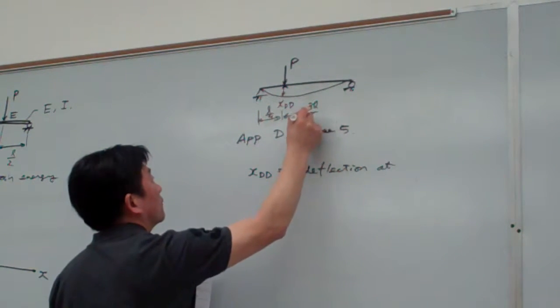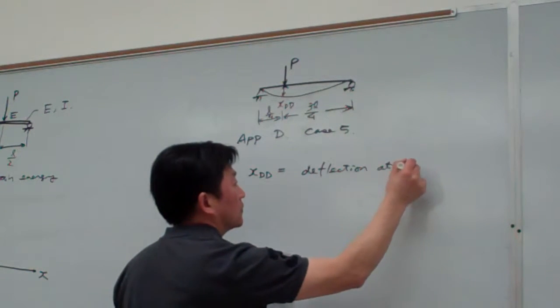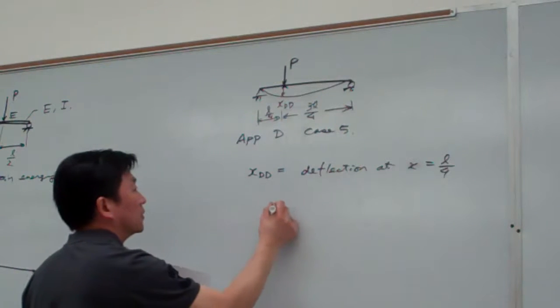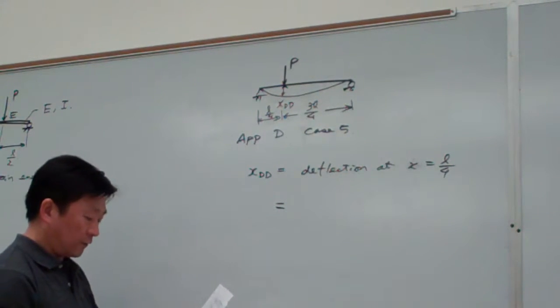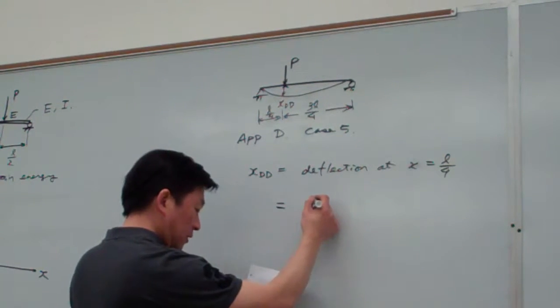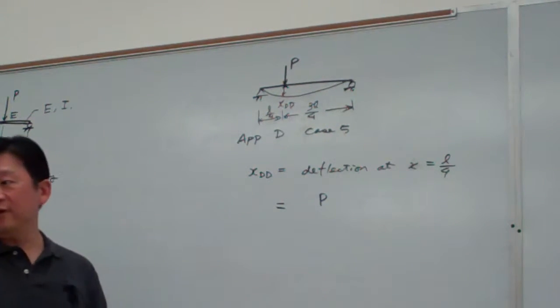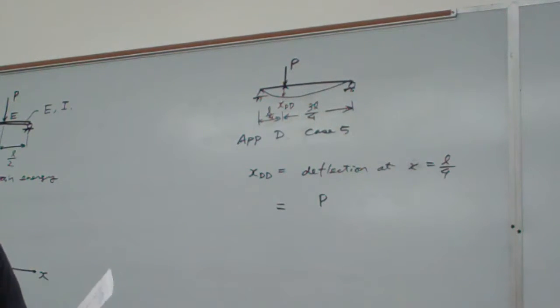This is 3L over 4. Okay, so x equal to L over 4. So in this way, we do the calculations. And for case 5, the deflection is P times B. If you have the handouts with you, probably I won't go over it.